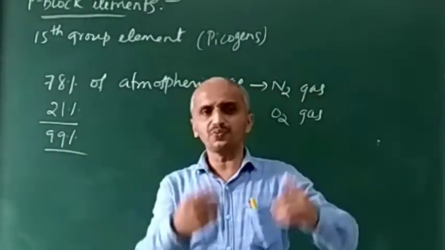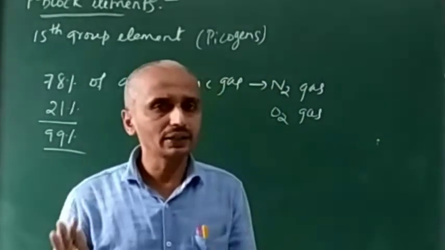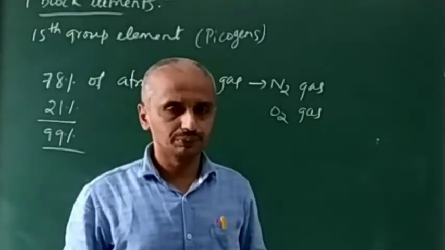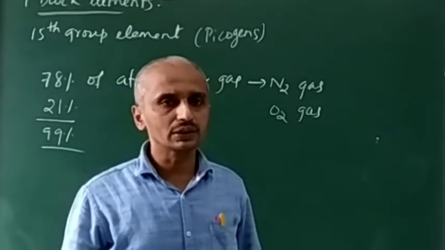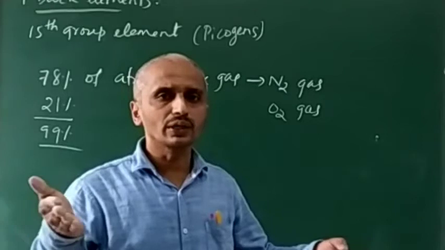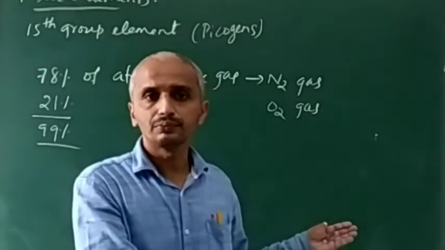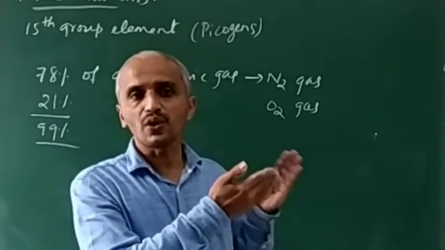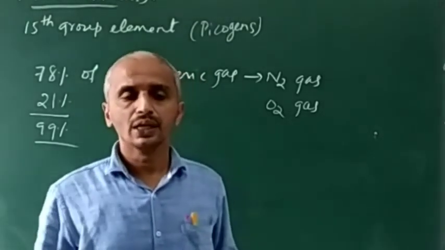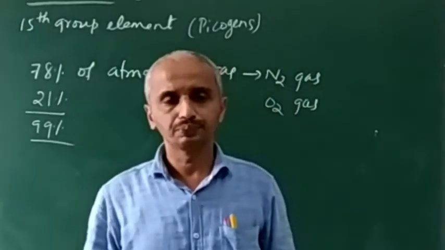Now, where else do we find nitrogen? Animals and plants contain nitrogen. In animals, in the protein, we have nitrogen because proteins are polymers of amino acids, and the amino acid contains nitrogen, the NH2 group.